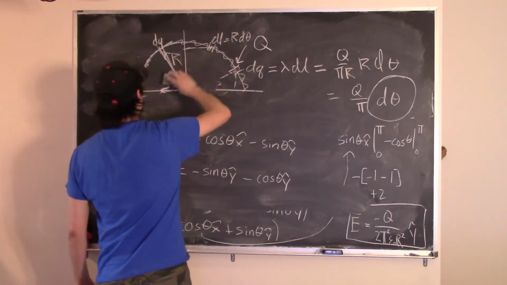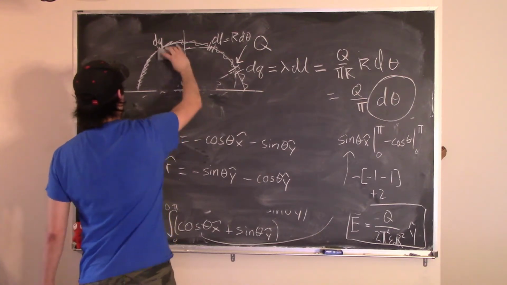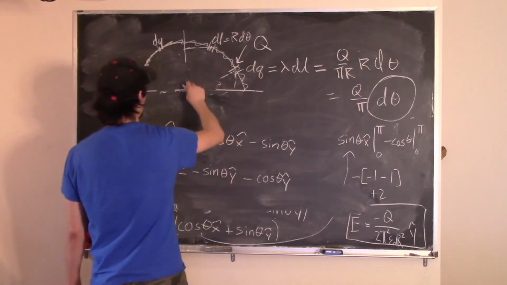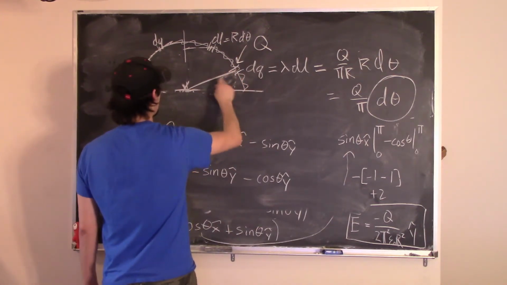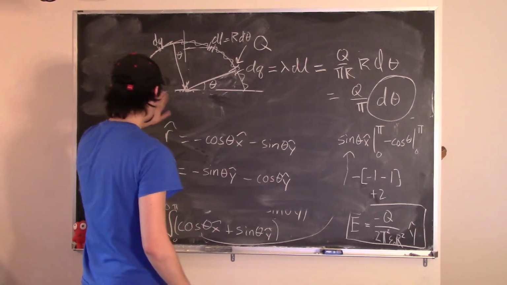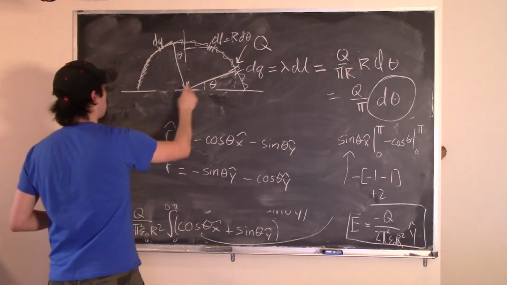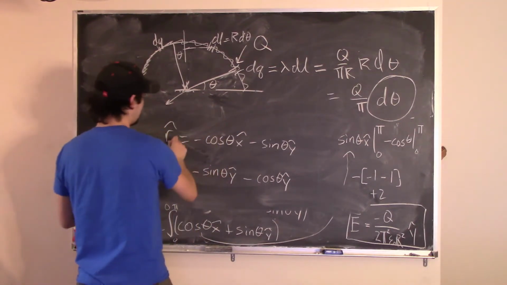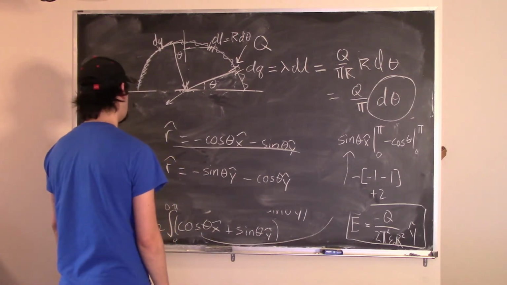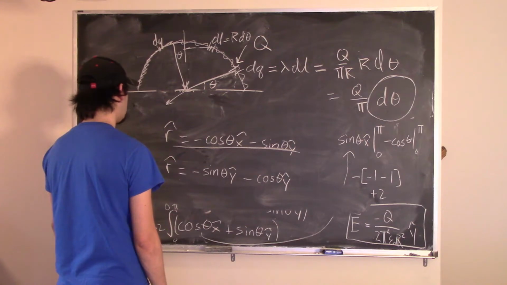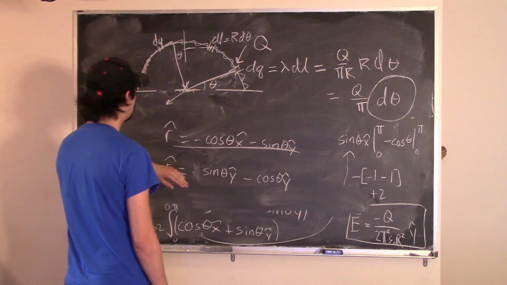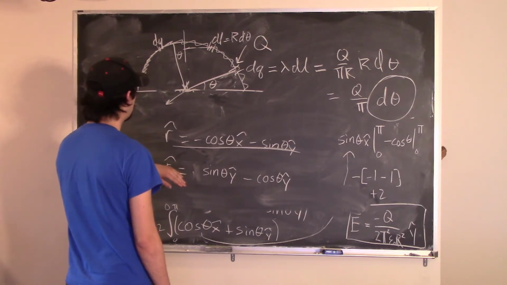But if for whatever reason you decide, well, I want to define these angles a little bit differently, and that gives me some different r hats. So let's say that I define this angle here and I define this angle here. For this portion, the first r hat is going to point like this, and this is identically this.